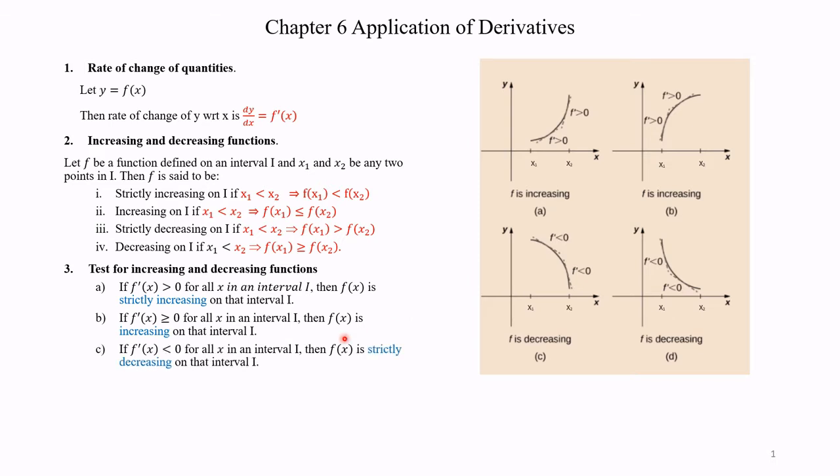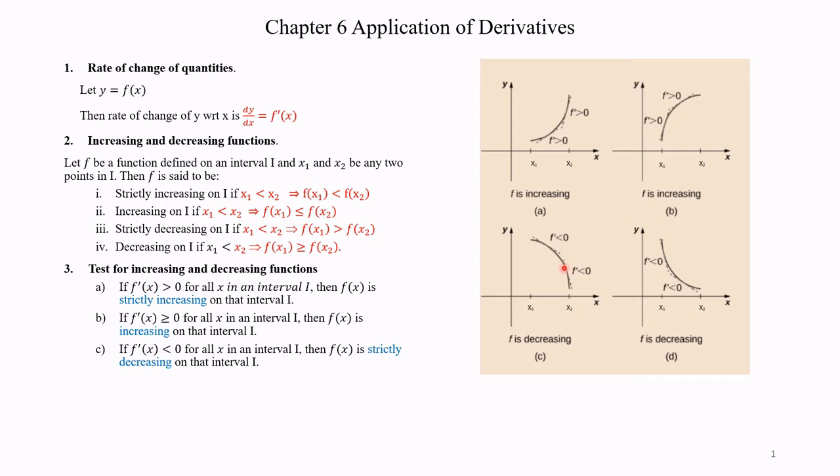If f dash x is less than 0 for all x in the interval I, as in case C of this curve, then f of x is strictly decreasing.